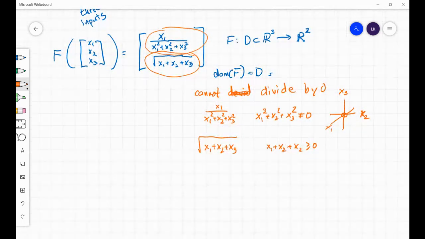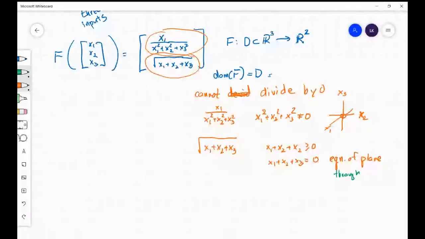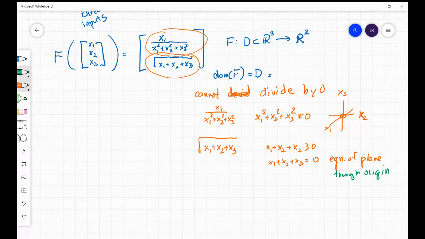Okay. So if you look at the boundary of this, that's an equation of a plane. So that's hard to draw, but you can imagine a plane going through the origin.